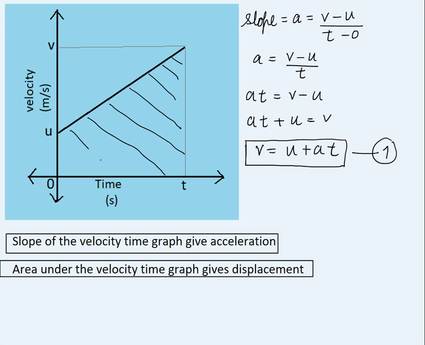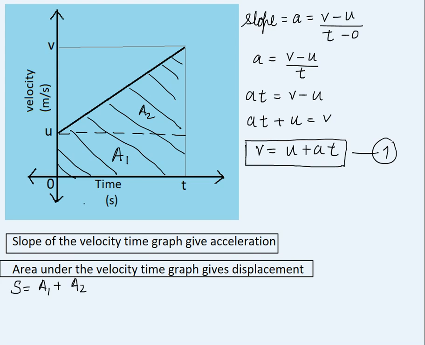If we calculate this area we are going to get displacement. So how do we calculate this area? I will divide this area into two parts. This will be my area 1 and this will be my area 2. So the displacement is area 1 plus area 2.